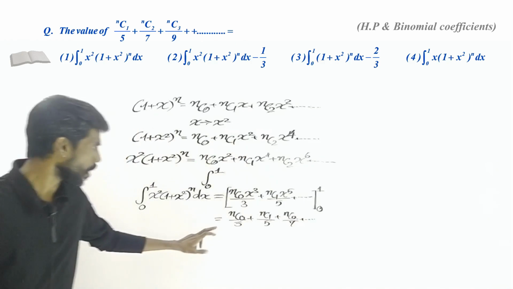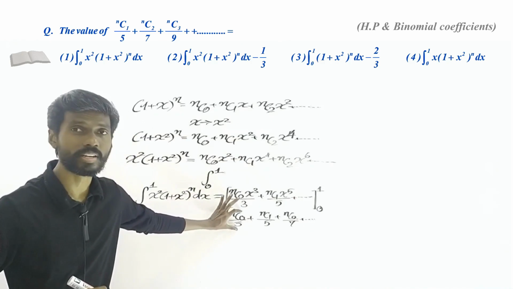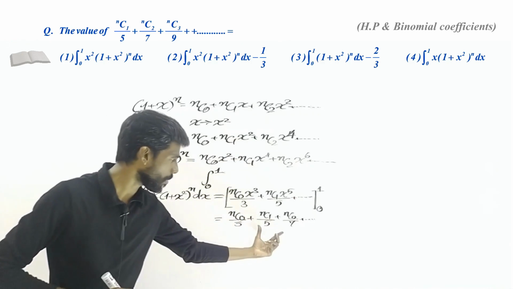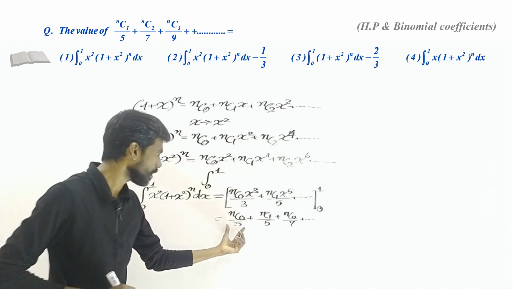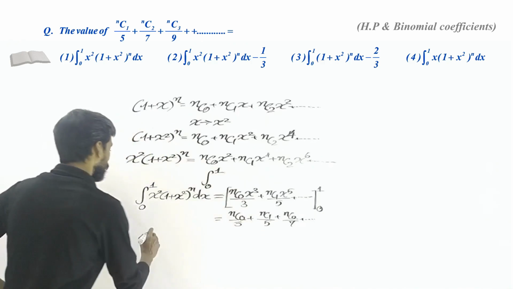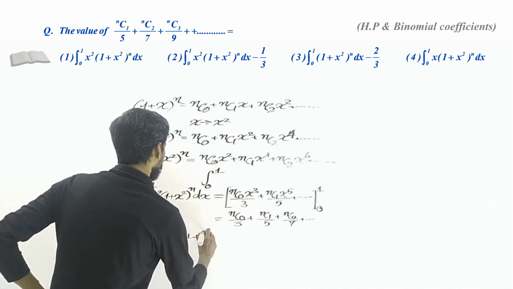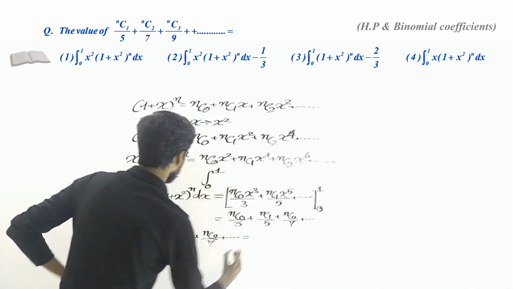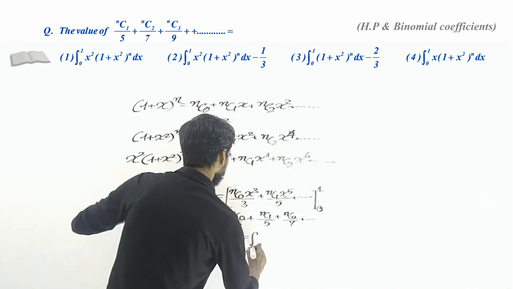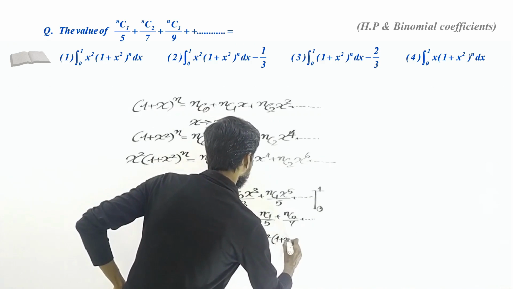Now, that is not what is given in the question. This term was not there, right? In the question, it starts from nc1 only: nc1 divided by 5, nc2 divided by 7, etc. So that means this term you have to subtract. Our required term, nc1 divided by 5 plus nc2 divided by 7, etc., is written as this integration, integration 0 to 1 x square (1 plus x square) to the power n dx.